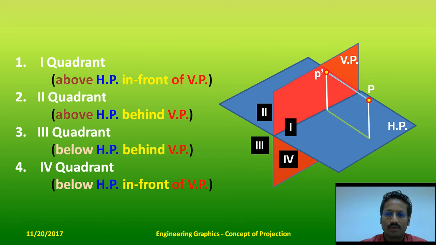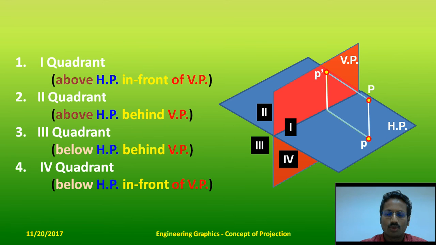And similarly, for the observer from the top, you could see this cyan color line being transferred, and you can also see the projection of the point as small p, which is marked on HP, which is your top view. So this is how you have to obtain the front view and top view of the images. This is a multi-view, and this is also orthographic projection because the projectors are going to be perpendicular to the plane of projection.